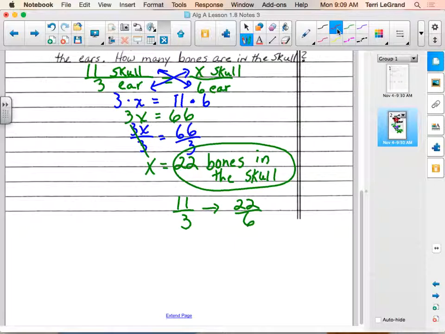They're both even numbers, so if we divide both of them by 2, 22 divided by 2 is 11, 6 divided by 2 is 3, so 22 to 6 does simplify to 11 over 3. And that's what needs to happen in a proportion. One ratio really has to be the same as the other. They're just different names for the same value.